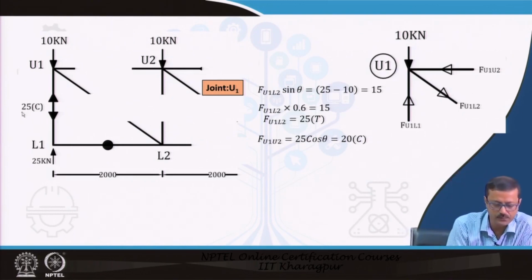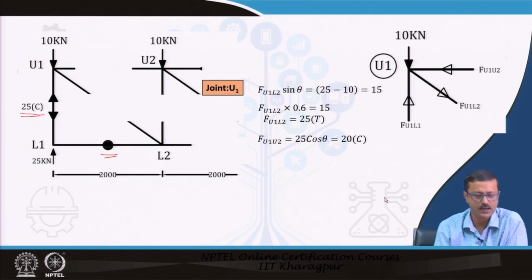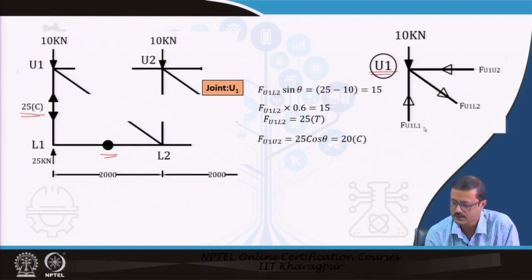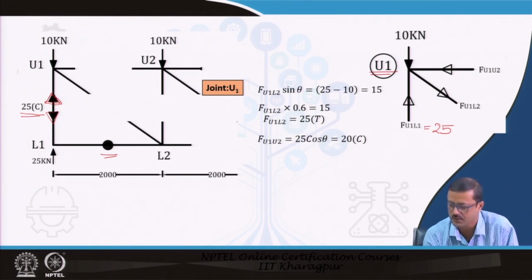So, I have already put this as 25 and this as 0 by virtue of the first joint analysis of L1. In the second, I have to take U1, and in U1 I know this is equal to my 25, and I have to put this force like that. So, the opposite and equal force, the upward way, has to be transmitted to here.